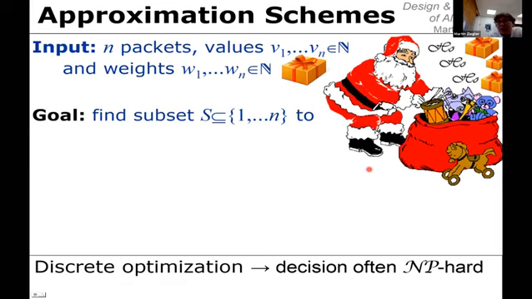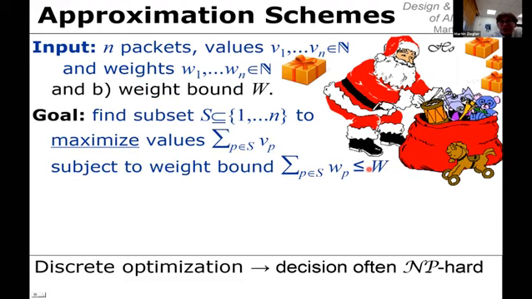The other way is looking at it as an optimization problem, actually at two optimization problems. The first perspective is, suppose we only have a weight bound, so you only have the constraints imposed by the airline. Your total weight of the packets must not exceed capital W, and your goal is to maximize the values.